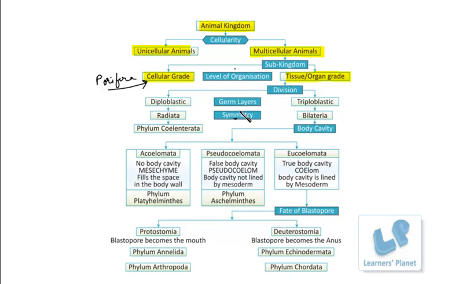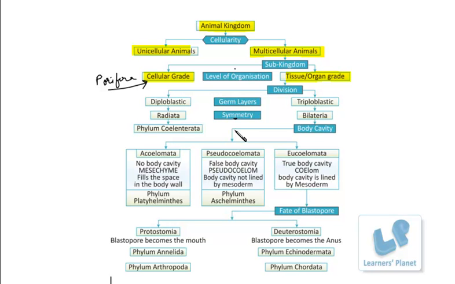Symmetry is the arrangement of body design, whether it is equivalent in different planes or not. As I explained earlier, it can be radial, bilateral, or asymmetric. Asymmetric means that from any plane you cut, the parts are not symmetric at all.